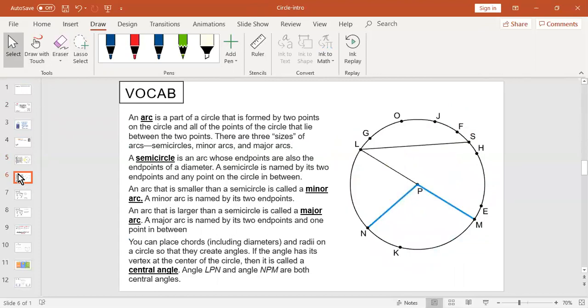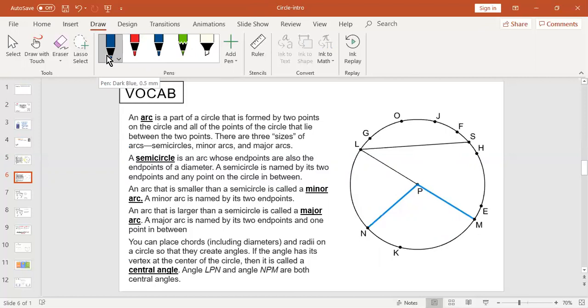Okay, so in other words, we have an arc, which is basically part of the circumference, part of the outside edge. We have 3 types. We have a semicircle, which we've talked about, it's half the circle. Then we have a major arc, which is bigger than half, and a minor arc, which is less than a semicircle. Okay, so those are the 3 types of arcs we have.